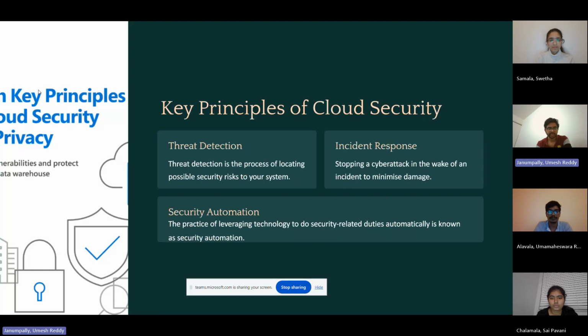Now coming to threat detection, it is for continuously monitoring, analyzing, and responding to potential cyber threats in order to protect organization systems as well as the networks. Now coming to security automation, it is a process of automatically preventing, detecting, identifying and eliminating the cyber threats.